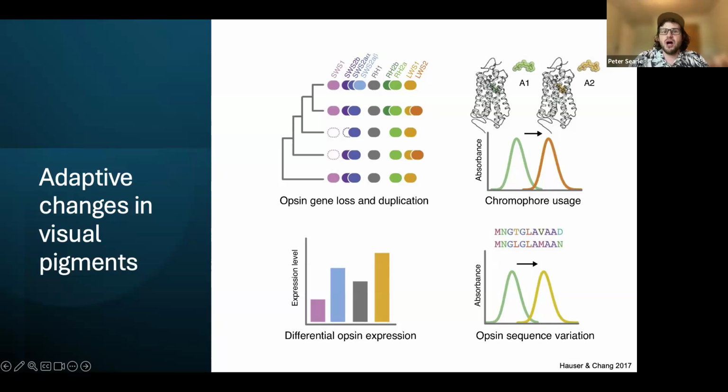Chromophores bind to opsin proteins, and which one is present impacts visual pigment sensitivity. You can have differential opsin expression, which also alters visual sensitivities depending on which gene's turned on or off or the level at which it's going. And then you can also have opsin sequence variation. Changes in specific amino acids can actually shift that peak in terms of what the protein can absorb.